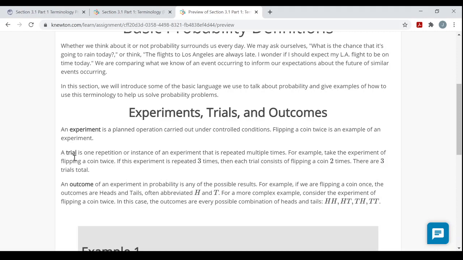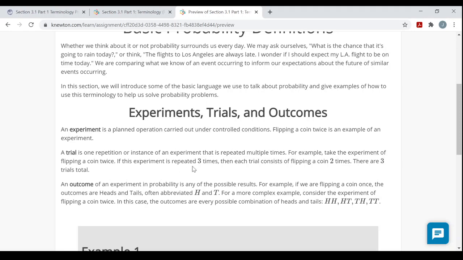A trial is one repetition or instance of an experiment that is being repeated multiple times. So if you take the experiment of flipping a coin twice, and this experiment is repeated 3 times, then each trial consists of flipping a coin twice. There are 3 trials total.